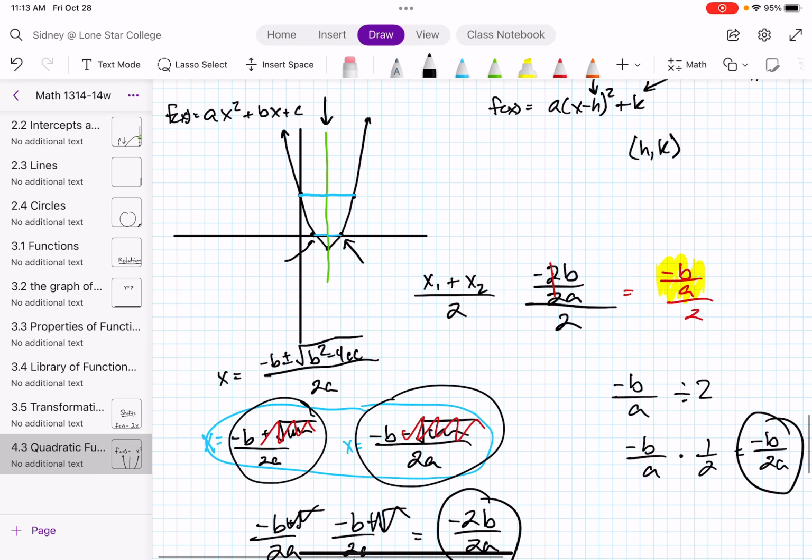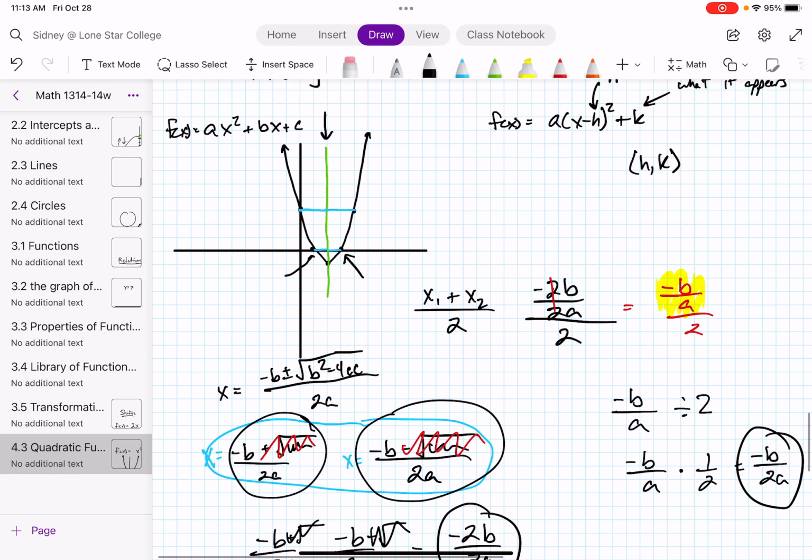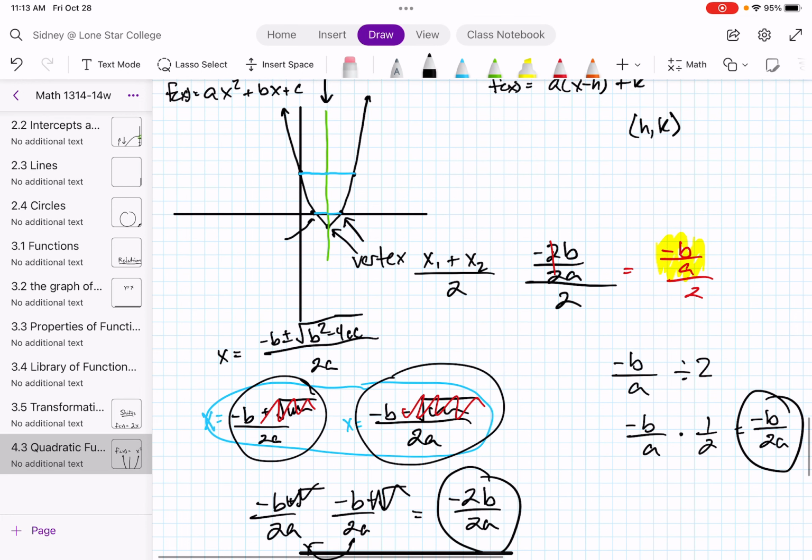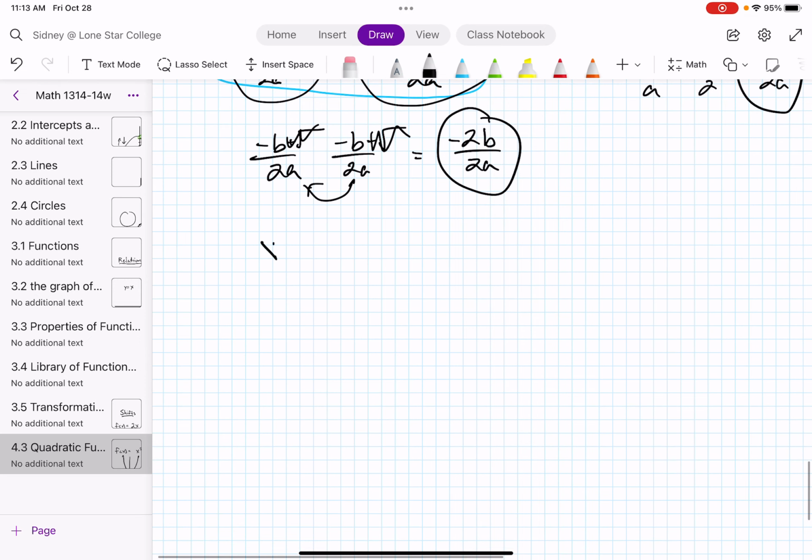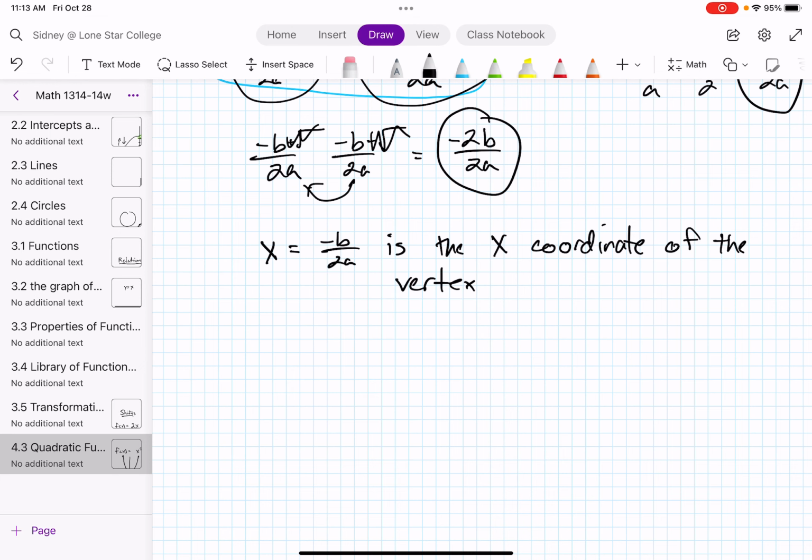Now why does that matter? It matters because the vertex is on the axis of symmetry. In fact, it has that same x coordinate. So x equals negative b over 2a is the x coordinate of the vertex.